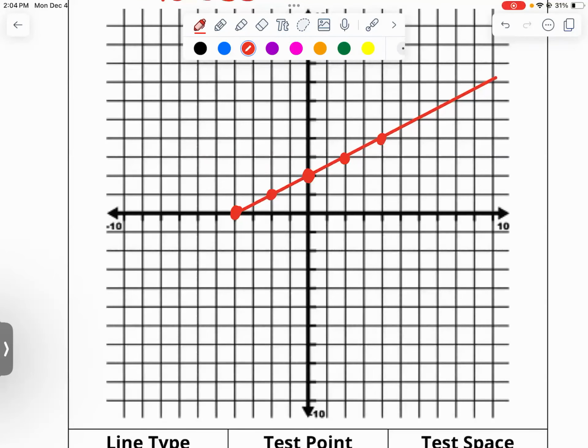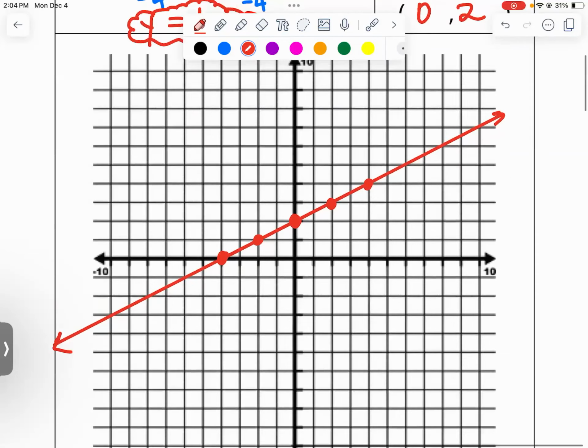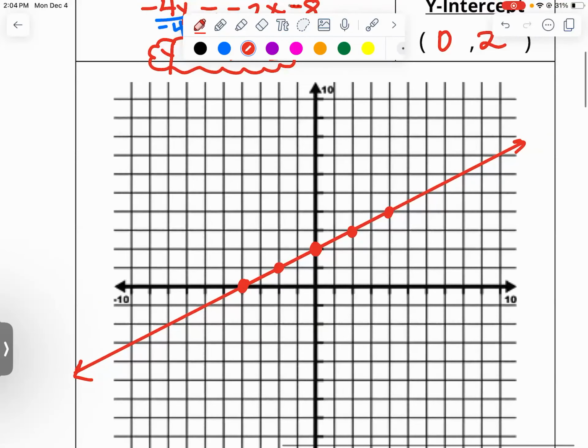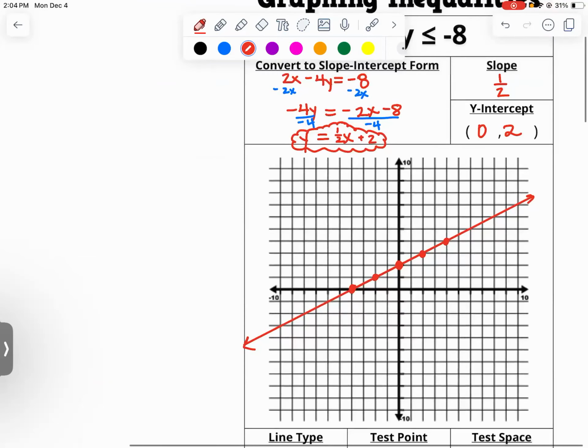I got you, Henry. I can get you a ruler. Where are the rulers at? Well, you can use rulers. I just don't want you to break them.